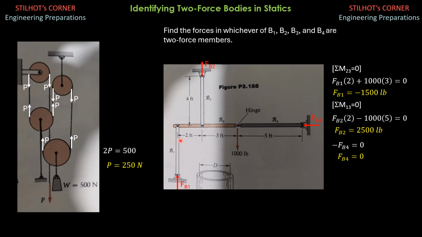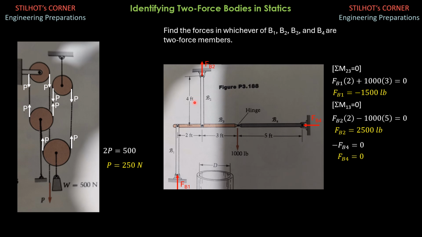Considering clockwise positive, FB1 times 2 feet plus 1,000, considering the entire system, 1,000 times 3 feet equals 0. So the moment of FB4 is 0 about this point, since it is horizontal. Solving for FB1, it is negative 1,500, so supposedly it is downward, but don't change the direction.